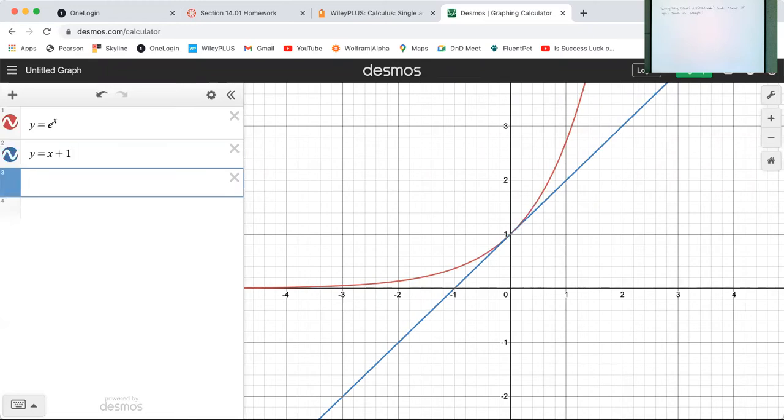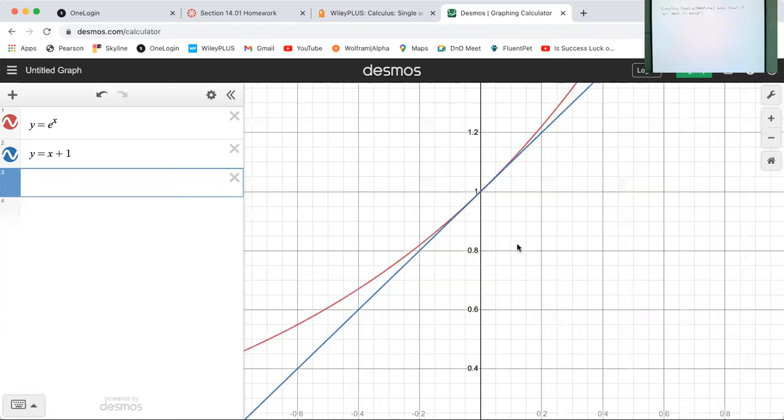So that's the best linear approximation to the function e to the x near x equals 0. We have this curve, and near 0, that curve is very close to the line x plus 1. As we move away from 0, not so close.